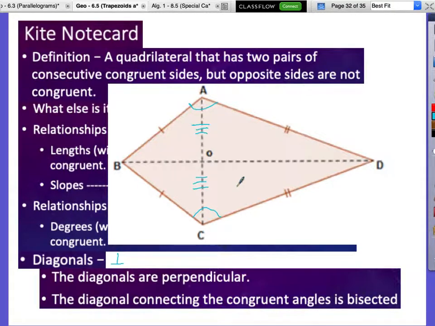It's always going to be the diagonal connecting those congruent angles. So wherever the congruent angles are, it's going to be the diagonal connecting those. And you can draw that in on your picture as well, where it says kite angles, the picture we drew the angles on, to make sure that looks like this. Second picture on this page.